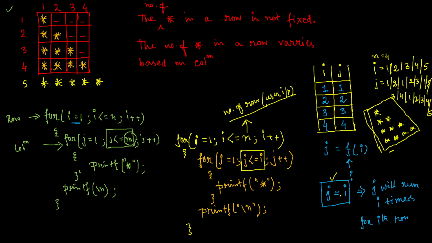I times, obviously that means when you represent this in the equation form of condition, you have to introduce this lesser than part. I think you can easily understand that. So in this way we can continue with a pattern where the number of stars is not the same for all the rows.